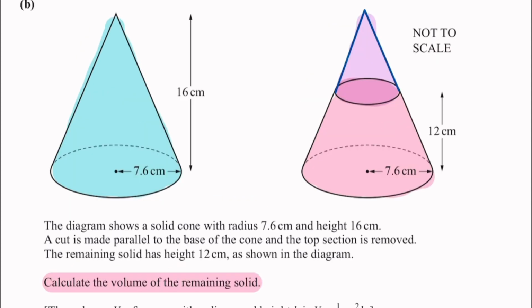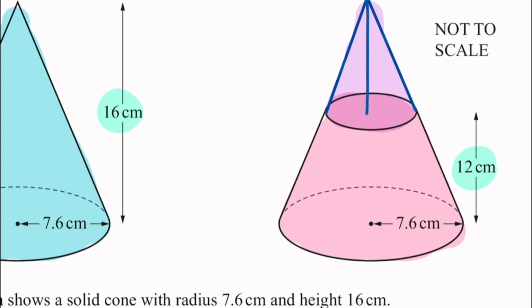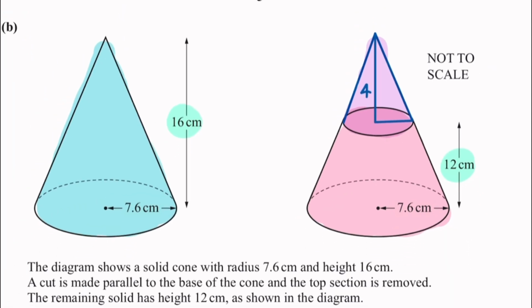And they said that its height is 16, but this height is 12, so this remaining height is 4. 4 comes from 16 minus 12.